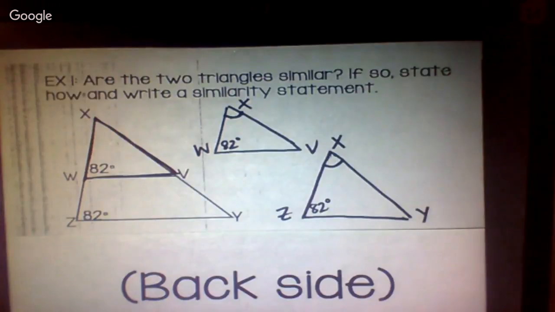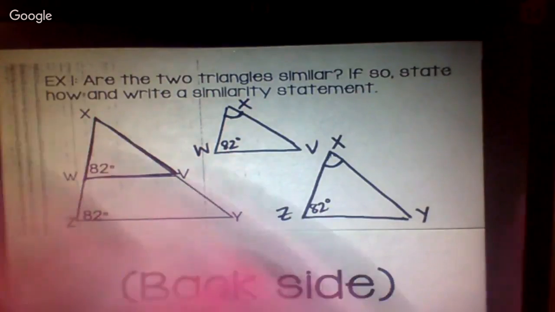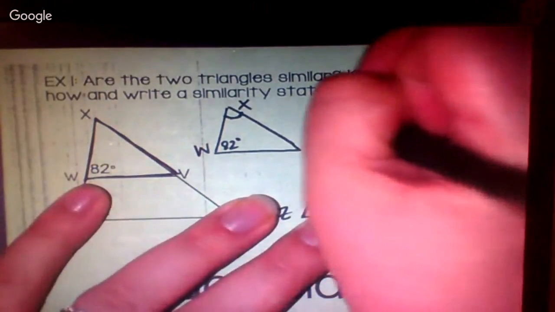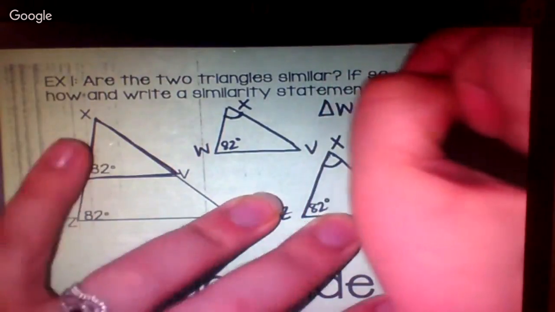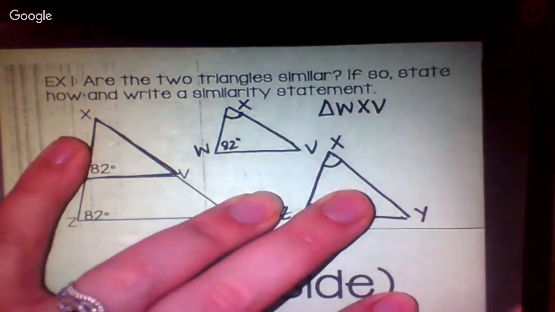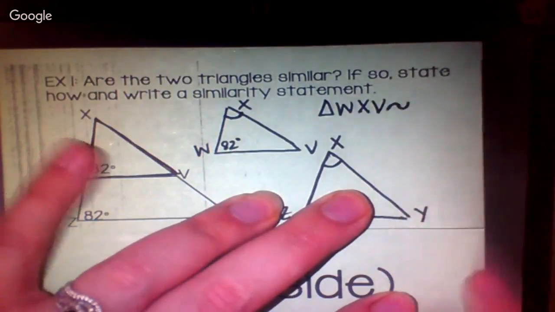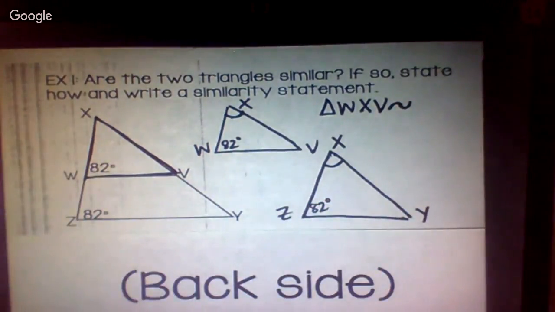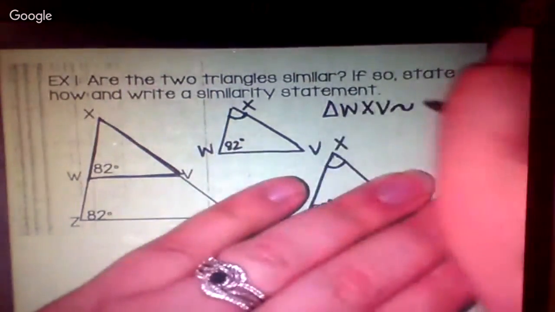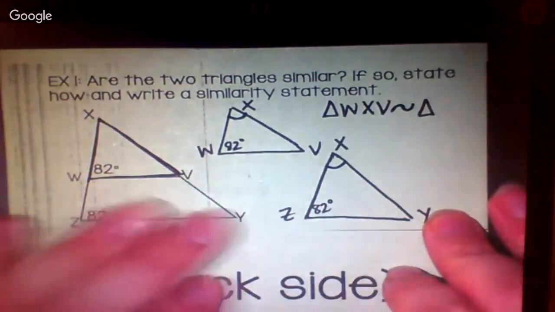Now that we know that, I can say triangle WXB is similar. When we write similar, it's just the little wavy part of your congruent symbol. And we have to do the same thing that we did with congruence. If I go WXB, my second triangle has to be what?